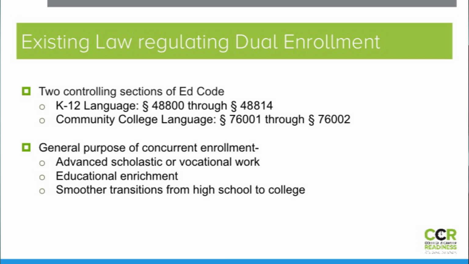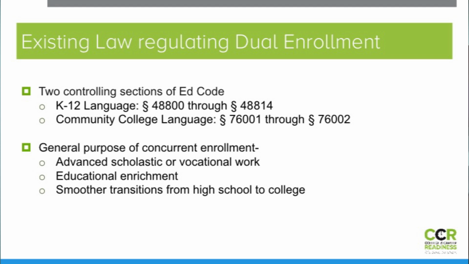Now, when we speak about existing law regulating dual enrollment, we are really talking about concurrent enrollment. We're really talking about existing law as it relates to concurrent enrollment, because existing law outside of new legislation for AB 288 does not differentiate between concurrent and dual enrollment.